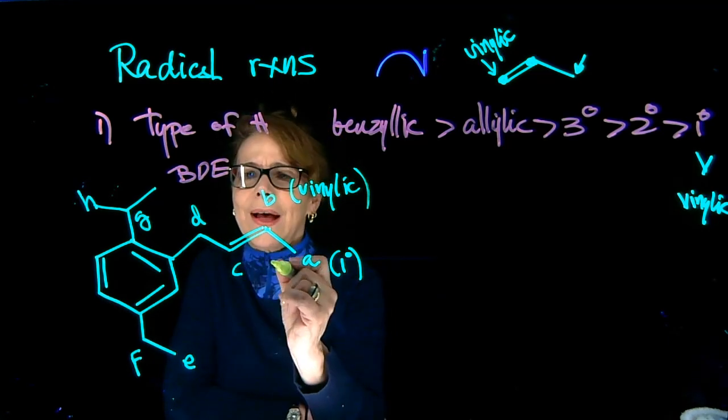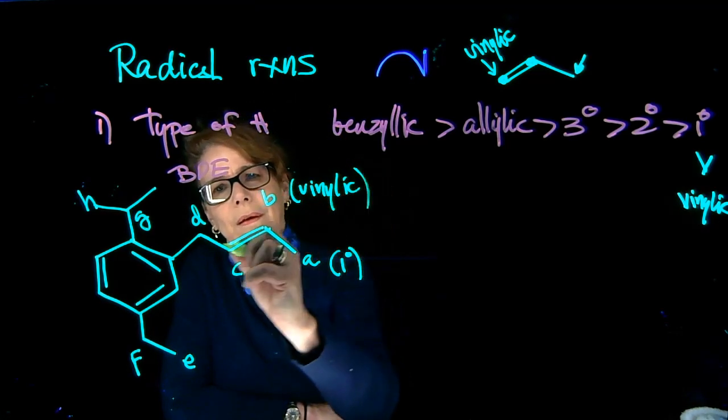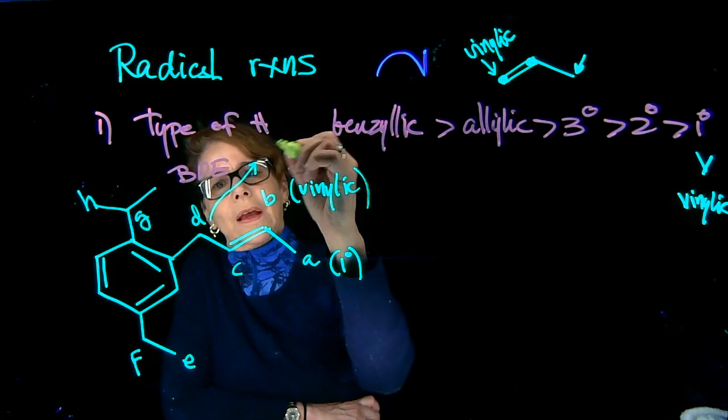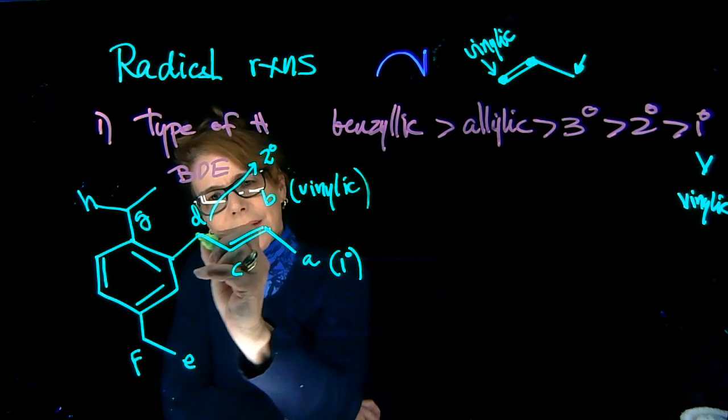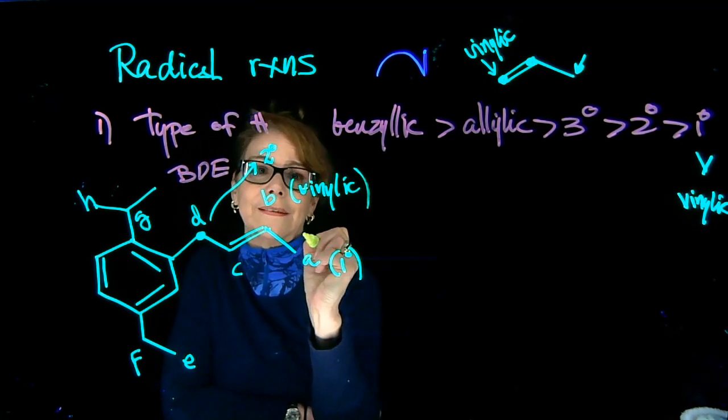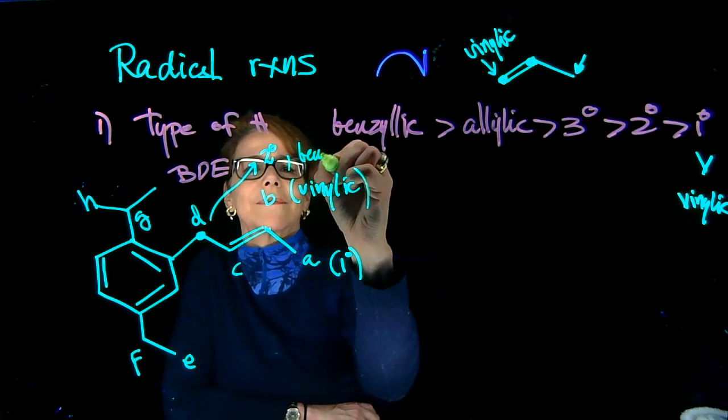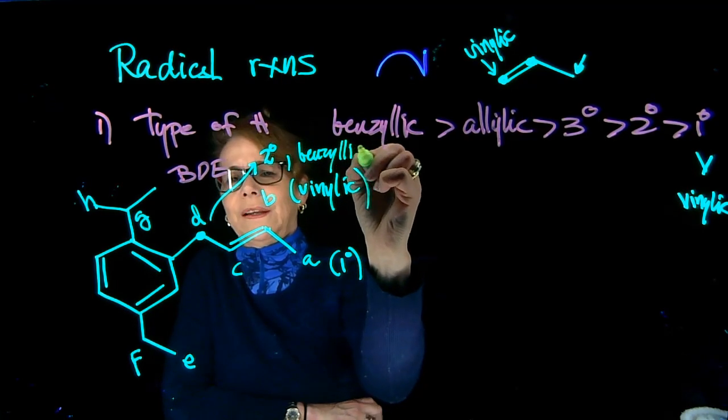D here is secondary, but interestingly, this is also benzylic. So it should be easier to form.